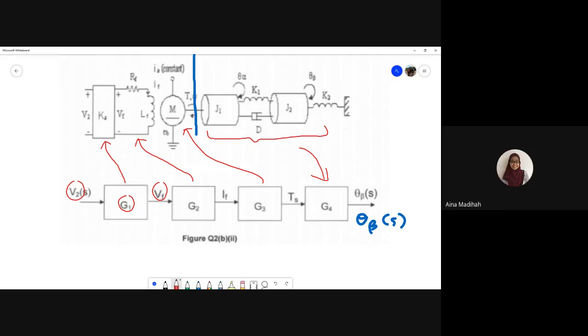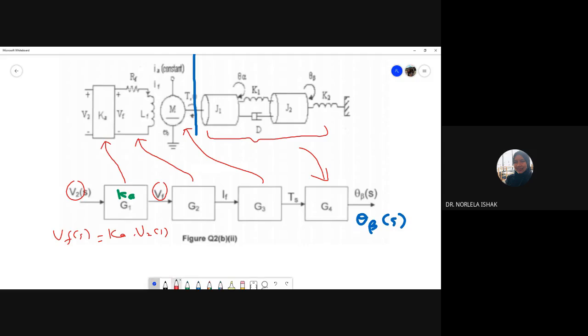VFS equal to KA multiply with the I2, kan? So jadi, KA dekat sini, G1 ni adalah KA. Right? Okay, how about G2?